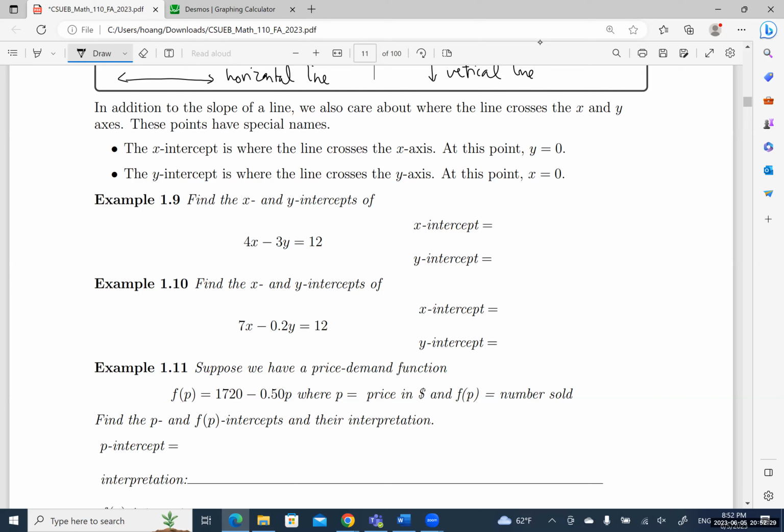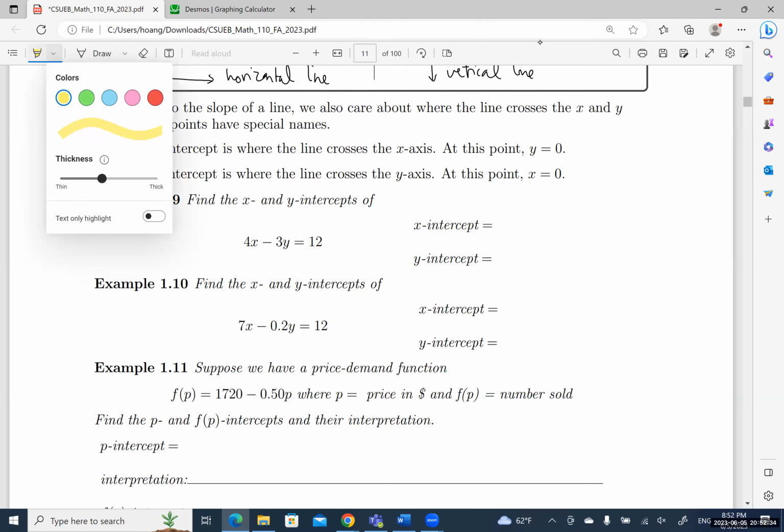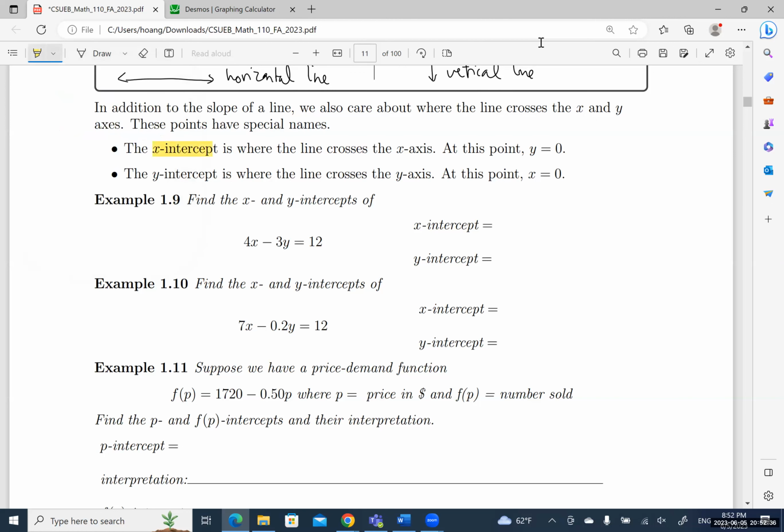We call one the X-intercept, and it is the point where the line crosses the axis, and at this point we have Y value equal to 0.